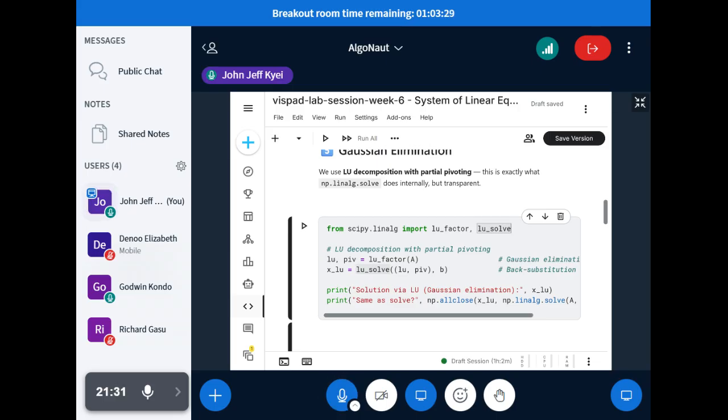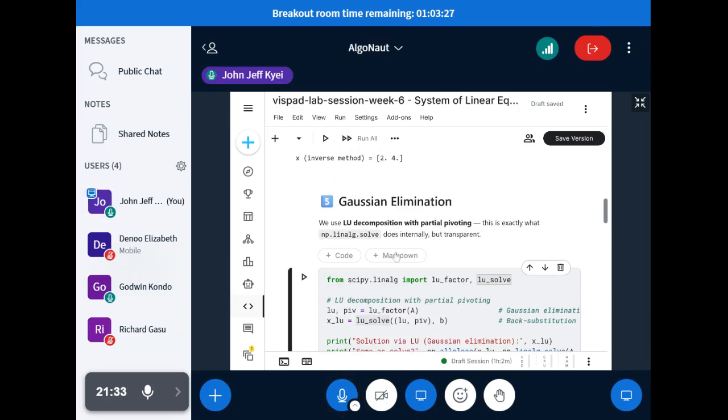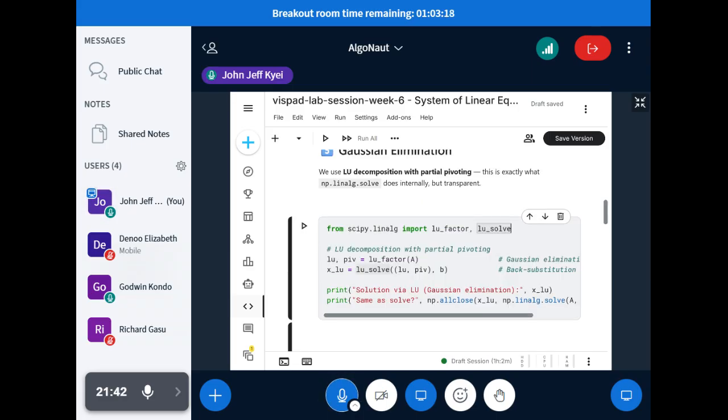What that essentially means is that the Gaussian elimination is going to happen behind the scenes. It's going to break the matrix A into the lower triangle and upper triangle, as I said. But instead of returning them separately, SciPy is going to store them together in a single variable, LU.